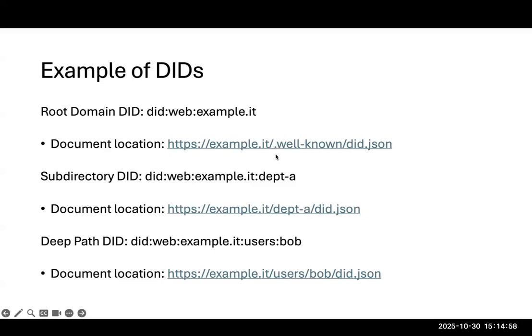If there are no subdirectories, we add dot well-known, and then in any case, also if there are other subdirectories or a deep path, we add slash did JSON. This gives us a URL to make an HTTP request to retrieve the document.